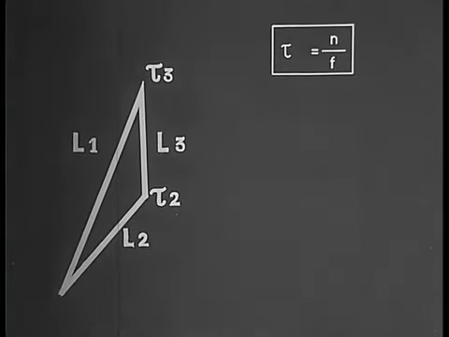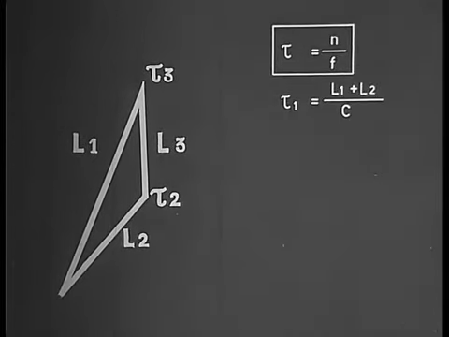The total time tau t consists of several portions. Tau 1 is the time needed by the sound pulse to travel from its source to the reflector and back to the nozzle edge. Tau 2 is the time necessary to generate a vortex at the nozzle edge.